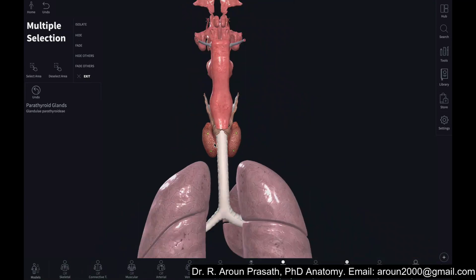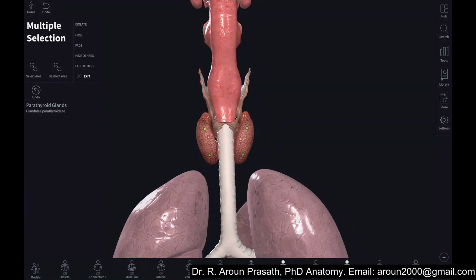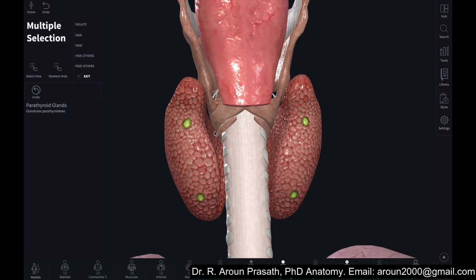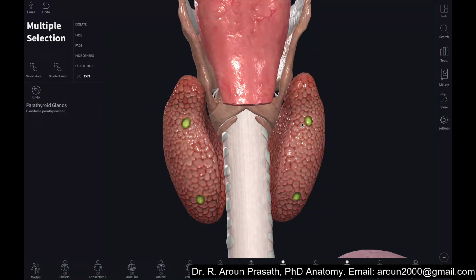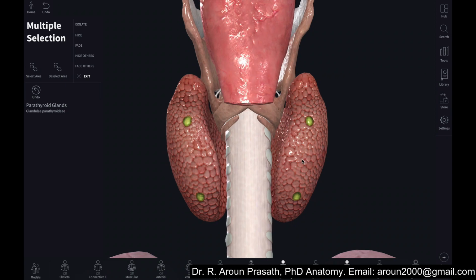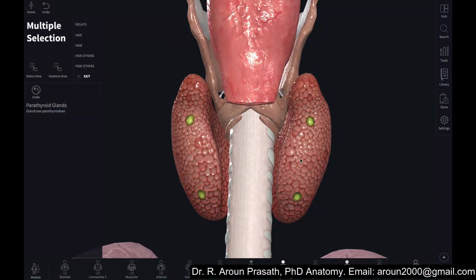These 4 dots are called the parathyroid gland. This parathyroid gland secretes a hormone called parathormone, which is very essential for balance of calcium. I will show you the mechanism.